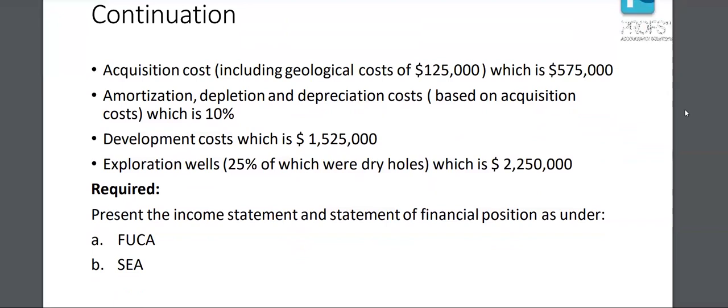Then we have development cost, which is $1.525 million. Then you realize that here they are saying exploration wells, 25% of which were dry holes. Dry hole means that 25% did not lead to a commercial discovery, even though the total cost is $2.25 million. We have to prepare the income statement and a statement of financial position.